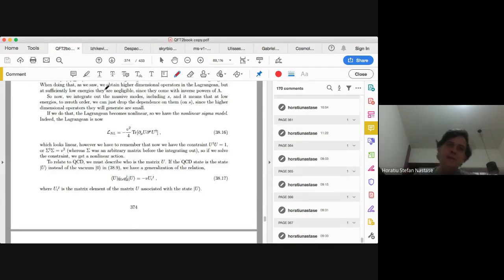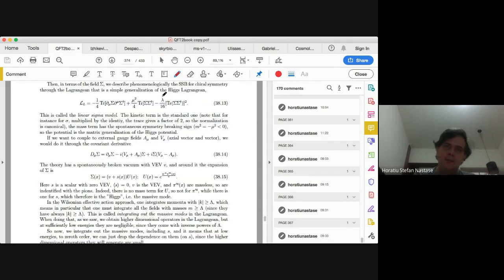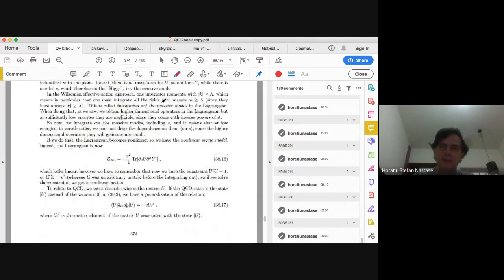So now we integrate out all the massive modes in the Lagrangian, including the S, since this has some high mass that is defined by the square root of mu squared over lambda.